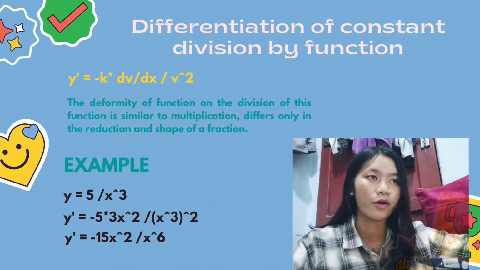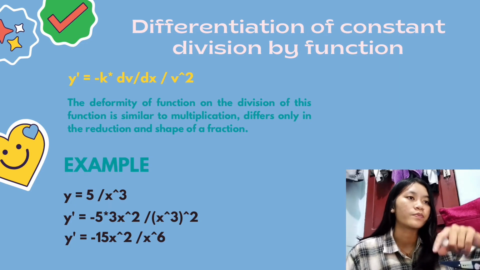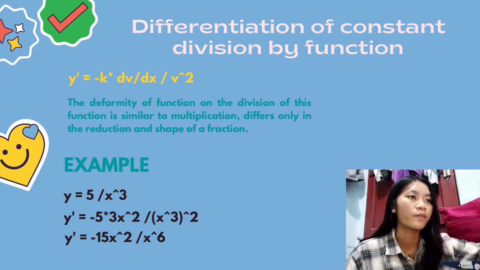Okay, number 4. Differentiate a constant over a function. y equals k per v, where v equals g, then dy per dx equals minus k dv per dx per v squared.